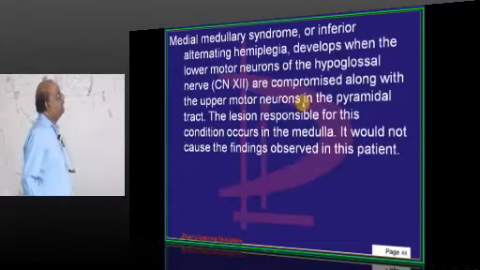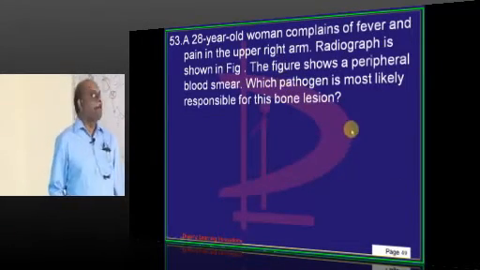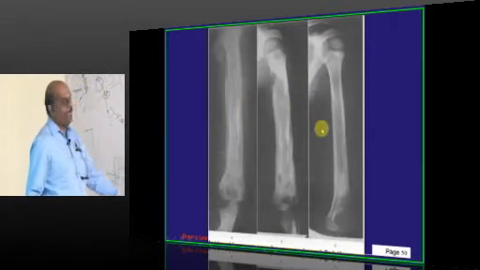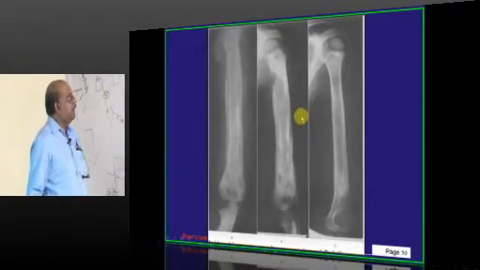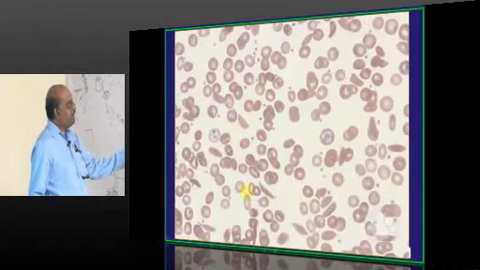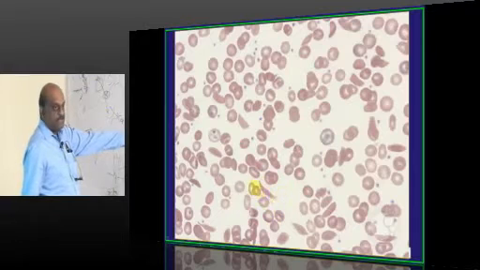Then a 28-year-old woman has fever and pain in the right upper arm and the radiograph has been taken. And a peripheral smear was also done. So what do you see in the peripheral smear? Sickle cells.